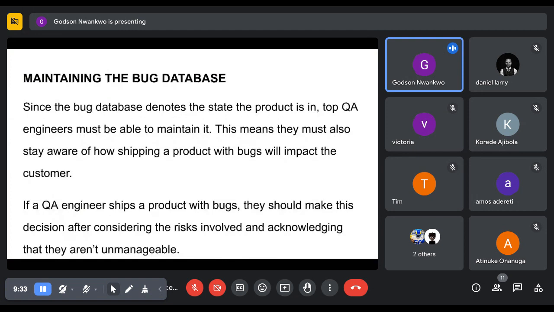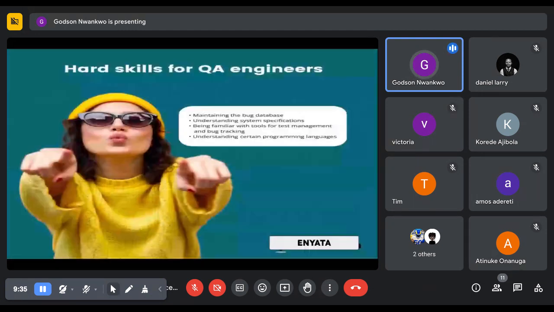I will just explain understanding certain programming languages. As a good QA engineer, let's say you're pitching your tent in the automation aspect, at least you have to have a good knowledge of JavaScript and Java also.